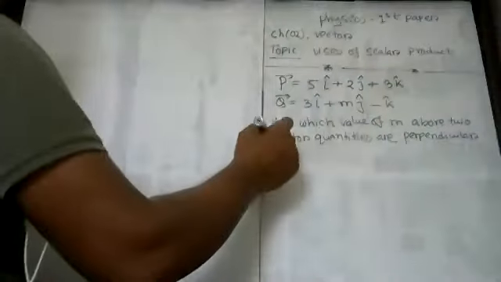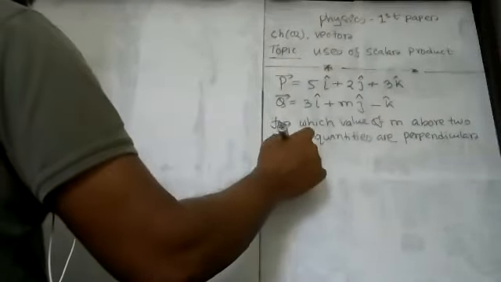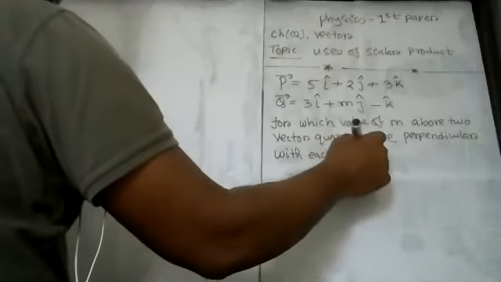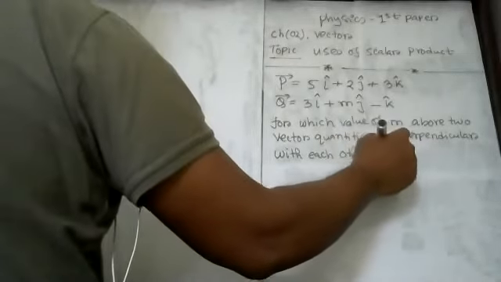Perpendicular with each other. The question is here, vector P and vector Q are two vector quantities. Then the question is, for which value of m are the above two vectors perpendicular with each other?